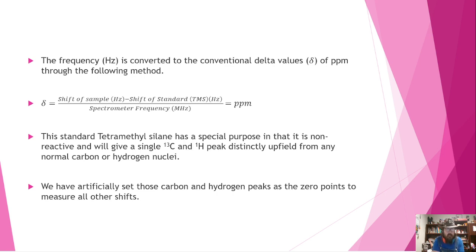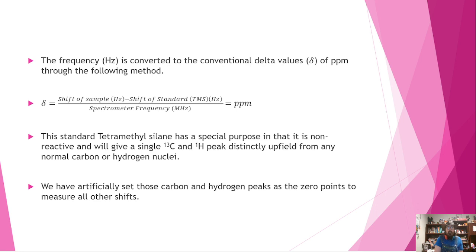They are going to shift further upfield than most carbons and hydrogens will usually go. And we are going to artificially set that as 0 ppm. And from there, every shift that has less electron density is going to be in the positive range. So we're setting an artificial 0 that we can measure everything else off of.